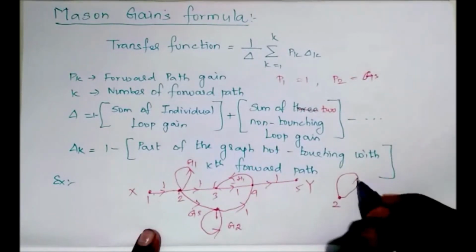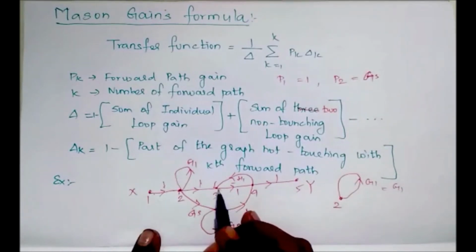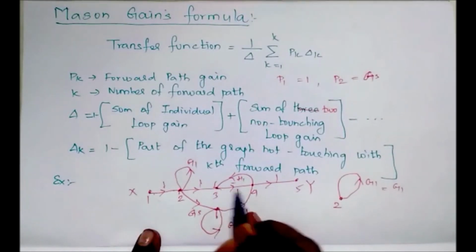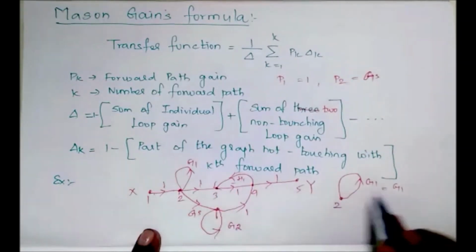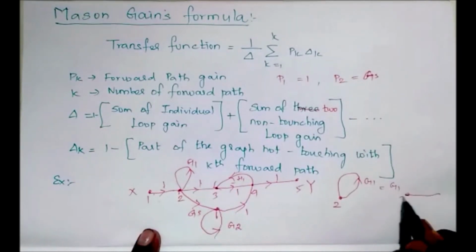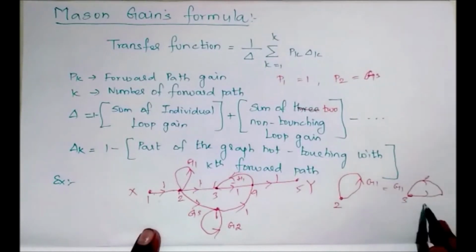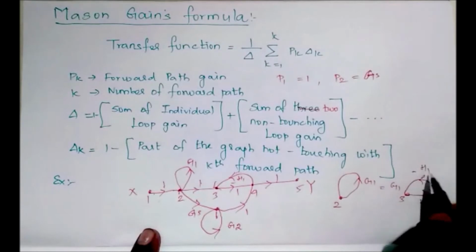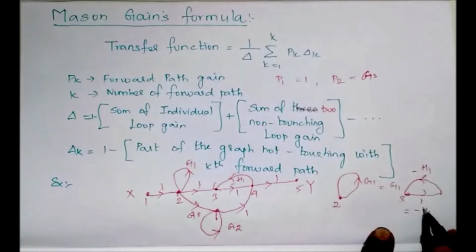Its gain is g1. Next we see it is starting at third. Again by seeing arrow mark it is ending with the same 3. Therefore we can say this is also one loop. So its gain is 1 into minus h1, minus h1.